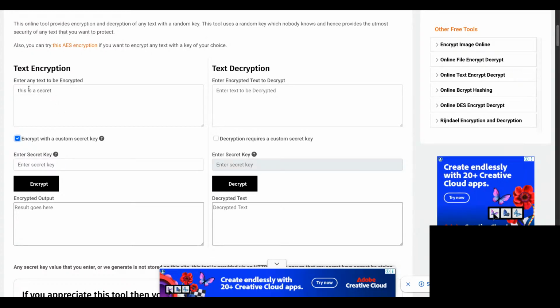So now the message is clear here. I'm the sender, and I'm trying to encrypt it so that no one else can see it. Then I'll just enter a secret key, then encrypt. So now the data is encrypted, and the message will be changed from this to this. So whoever gets hold of this message or intercepts it won't see the secret message. They'll just see this encryption.